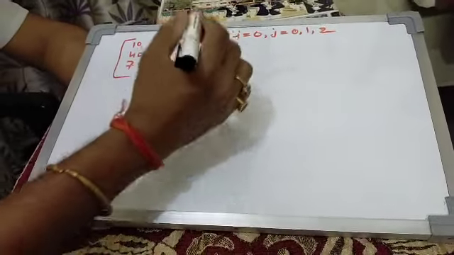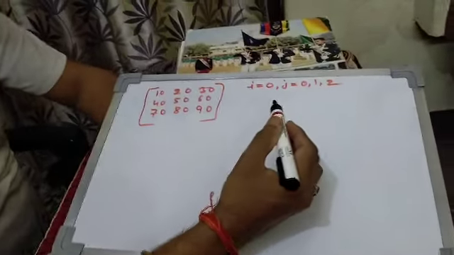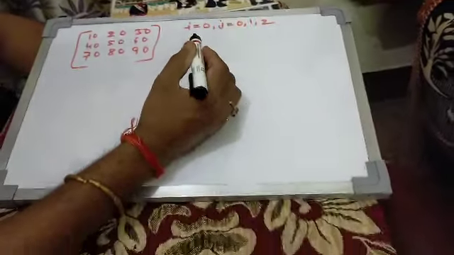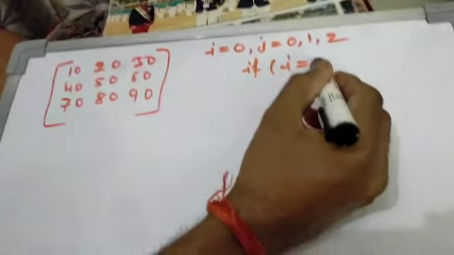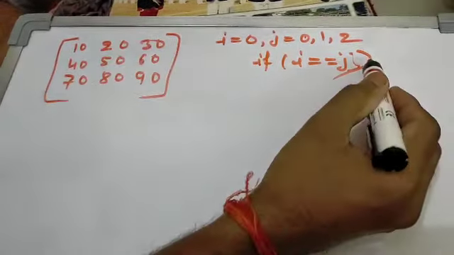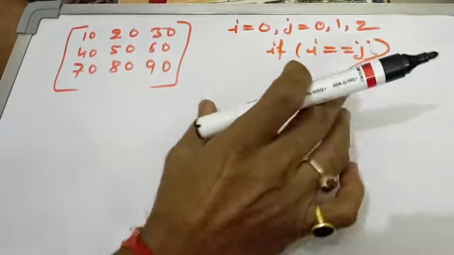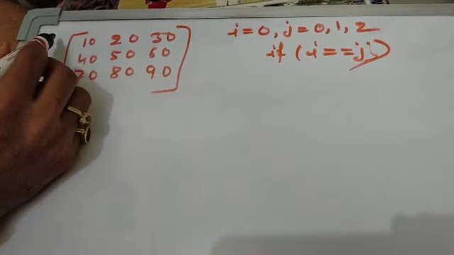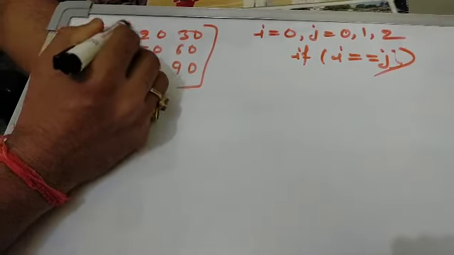After generating loop number 1 and loop number 2, where loop number 1 is the outer loop and loop number 2 is the inner loop, we are checking a condition: if i is double equal to j. This condition is checked after generating the loops of i and j. So this is row number 0, row number 1 and row number 2, and this is column number 0, column number 1 and column number 2.